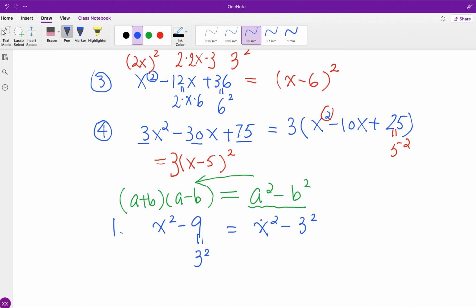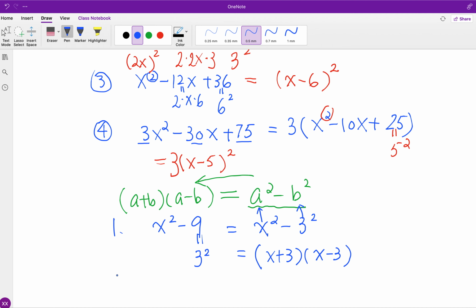Now you see this? This x is a, this 3 is the b. So in this case, that becomes (a + b), which is x plus 3, and (a - b), x subtract 3, right? Okay, so what else?